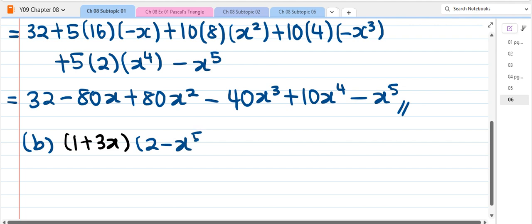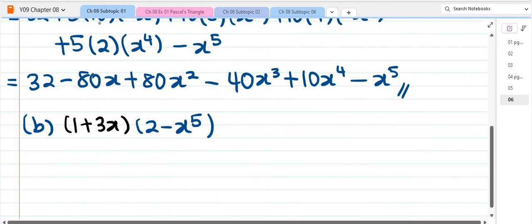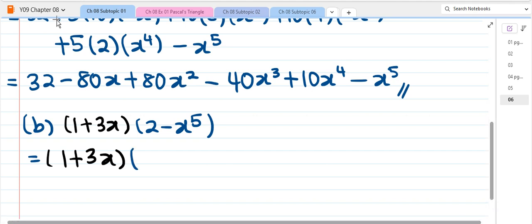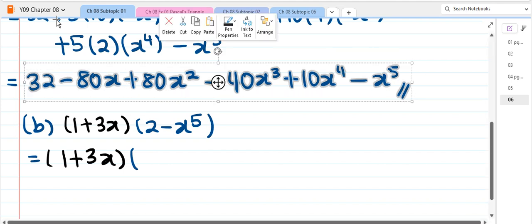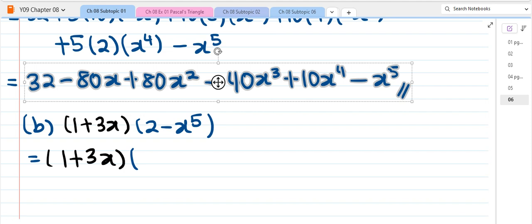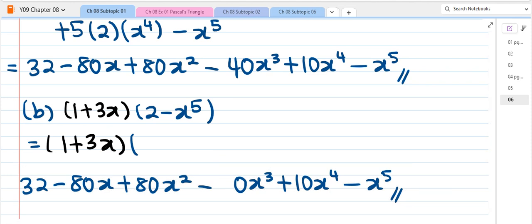So here, this one is actually from your previous part A. So before you can expand this one, you have to write down the 1 plus 3x is still there, but this 2 minus x to the power of 5 will be replaced by this whole thing, which is 32 minus 80x plus 80x squared minus 40x cubed plus 10x to the power of 4 and x to the power of 5.